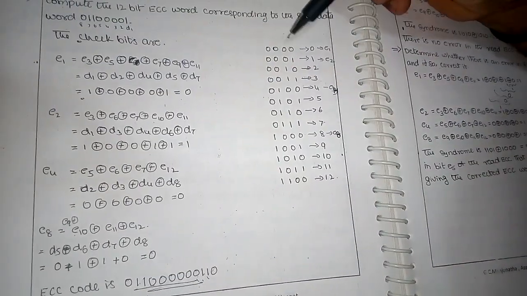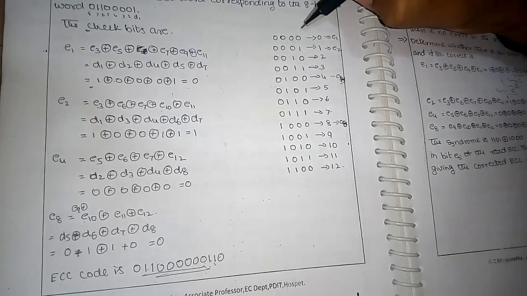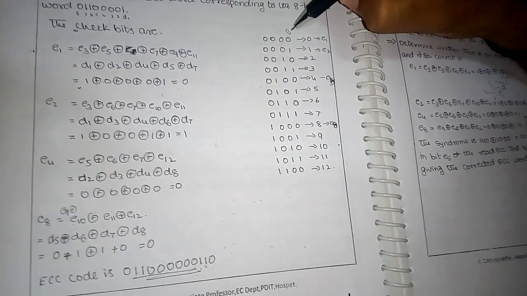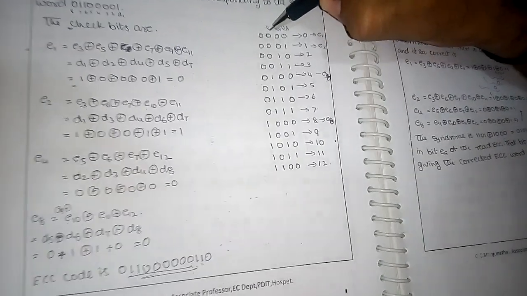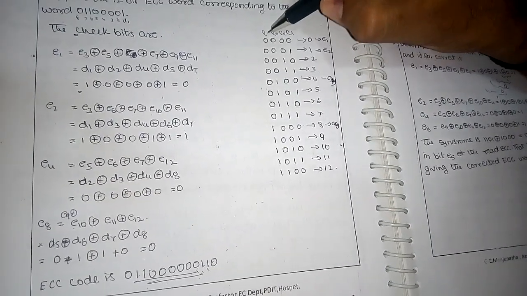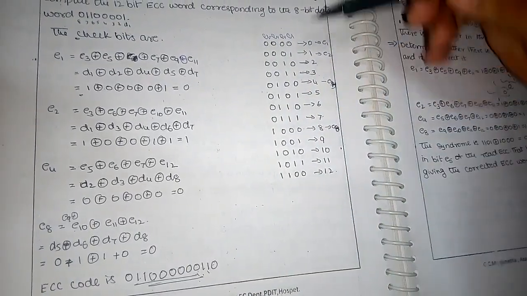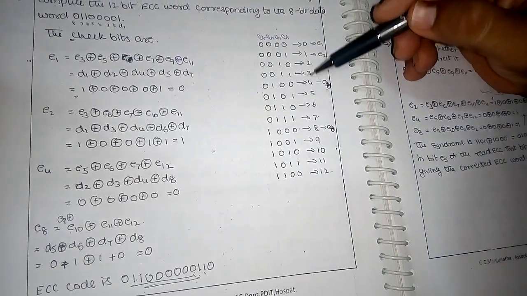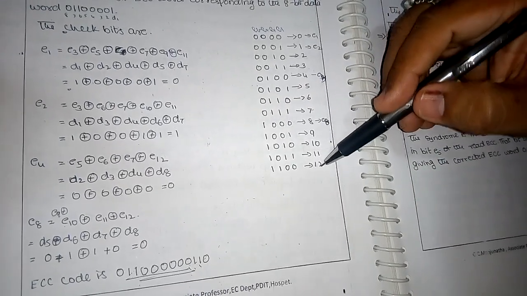Now how do we write E1, E2, E3, E4? First I have to write the corresponding bits over here. This is positions 0, 1, 2, 3, 4, 5, 6, 7, 8, 9, 10, 11, 12.